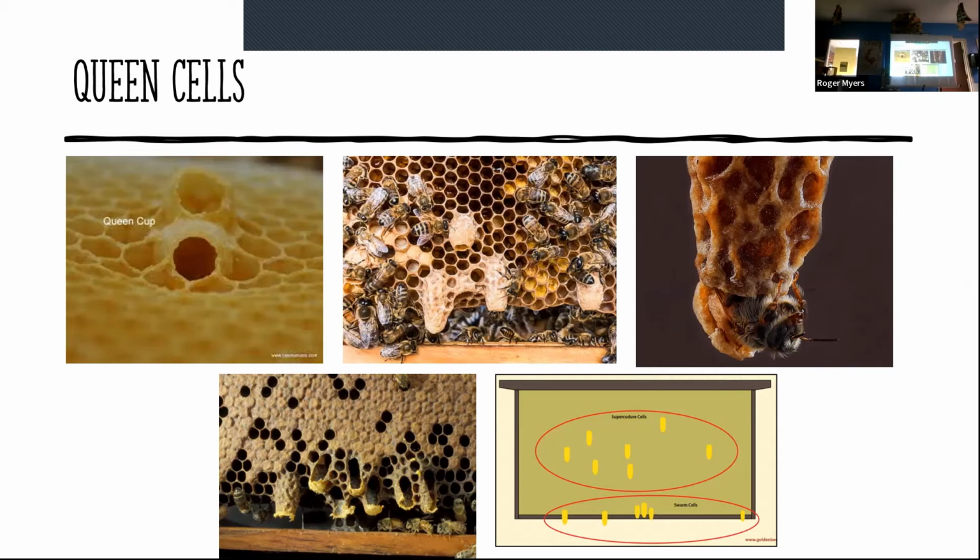Gail's a newer beekeeper. She can probably explain that from a very new beekeeper's view. When you go through these classes and you're learning, I found that when I went out to visit the colony, you get so focused on looking for one thing, but there are multiple things you have to look at while you're in there.